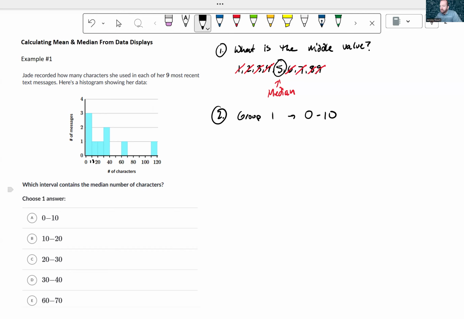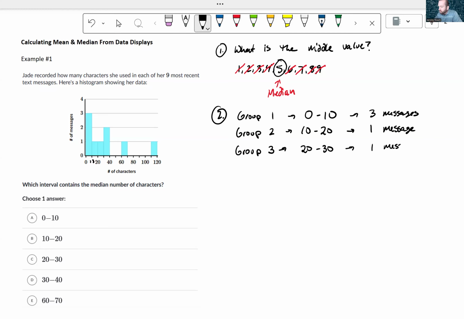And we want to know how many messages correspond to that group. It looks like we have 3 messages for that group. For group 2, that's between 10 and 20, and it looks like we have 1 message. For group 3, between 20 and 30, we also have 1 message.